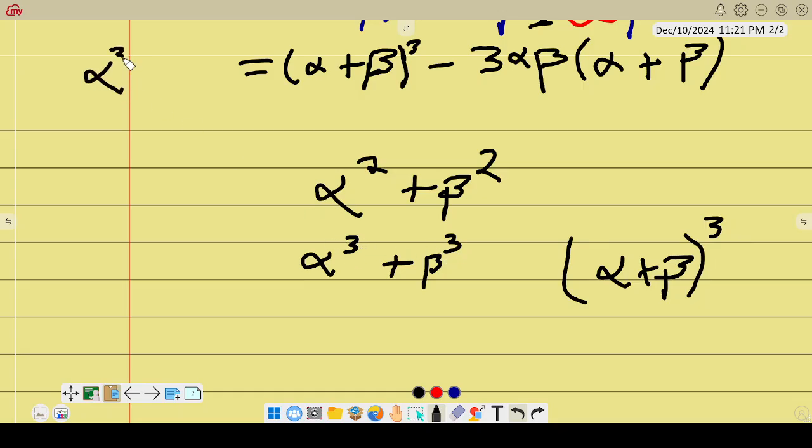So where you have alpha cubed plus beta cubed, you simply write all this side.